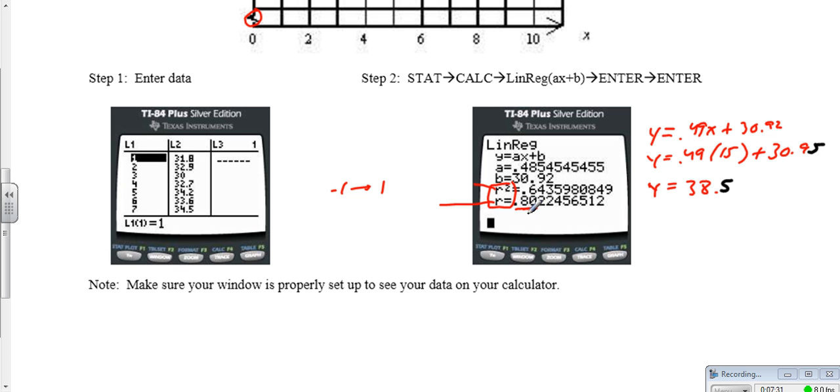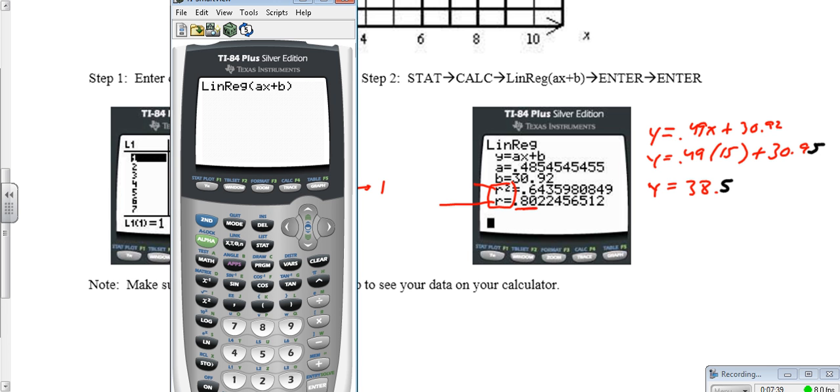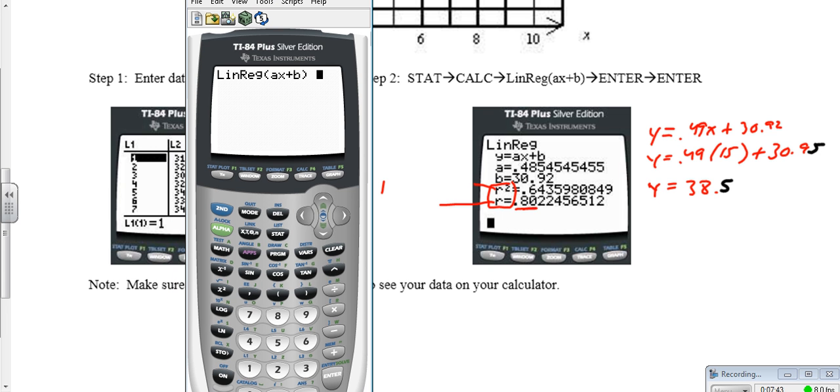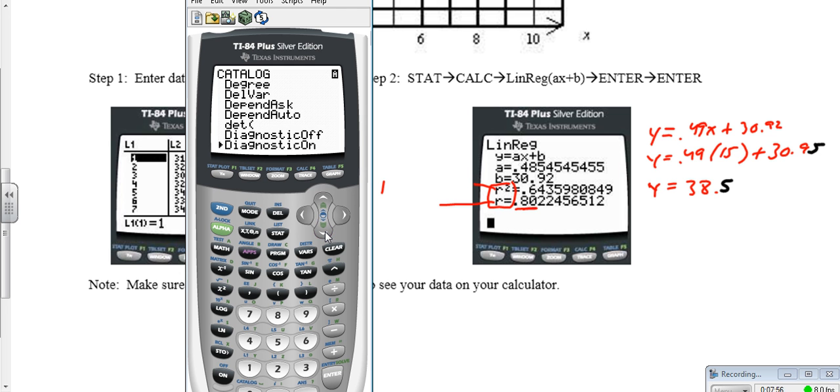Now if you have a TI calculator and it does not show that when you do this calculation, then you have to do something, and I'll show you how to do that. You would go to catalog, so second function, catalog, and go down to D. I'm going to type in the letter D here. It jumps down to D, and I go down to diagnostics on. If I don't have it, I would click on diagnostics on.